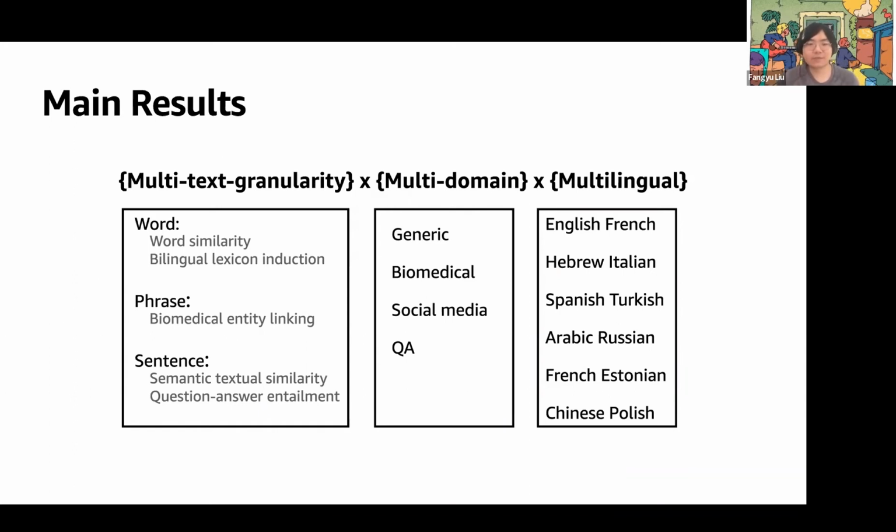Sometimes you need to represent text on the level of words, sometimes on the level of phrases, and sometimes you need to represent text in another domain, like the biomedical domain or social media domain. And sometimes you need to represent text in other languages. SentenceBERT was in English, but sometimes you need a Hebrew model, an Italian model, and so on and so forth.